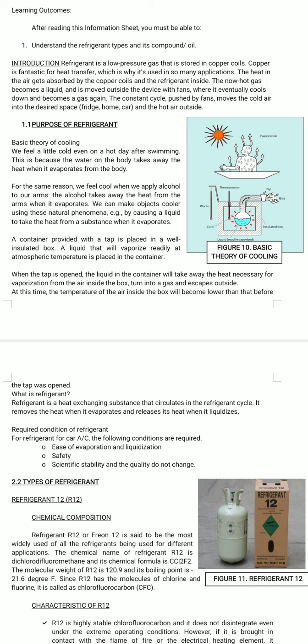The now hot gas becomes a liquid and is moved outside the device with fans, where it eventually cools down and becomes a gas again. The constant cycle pushed by fans moves the cold air into the desired space, fridge, home, car, and the hot air outside.